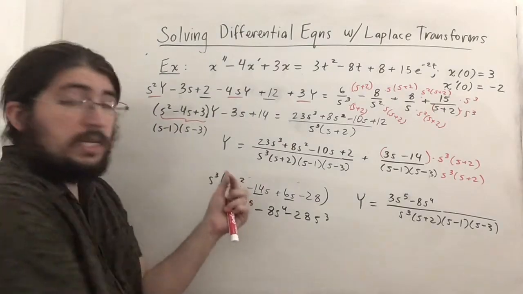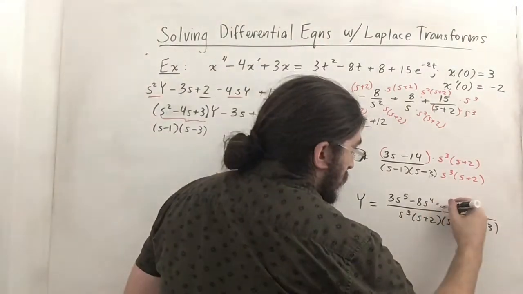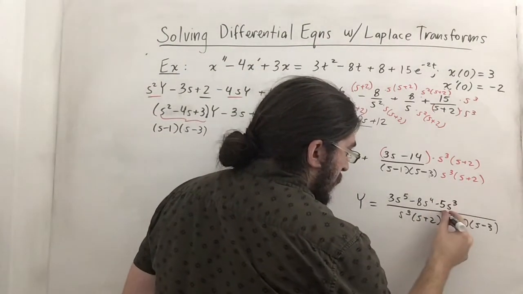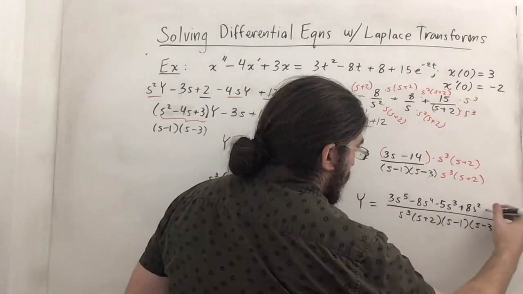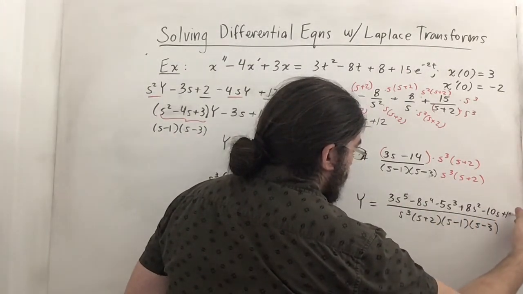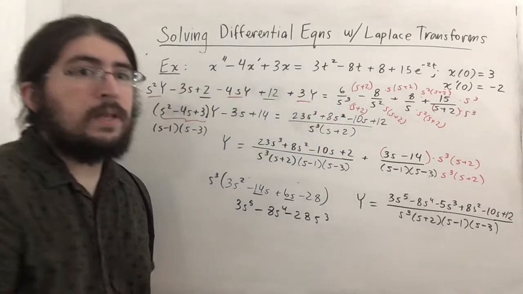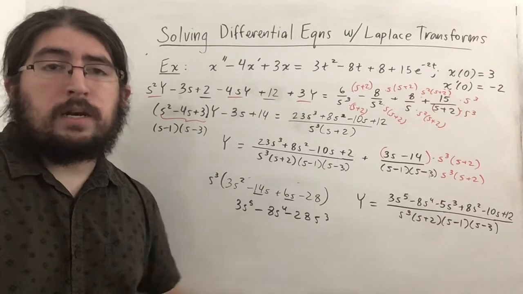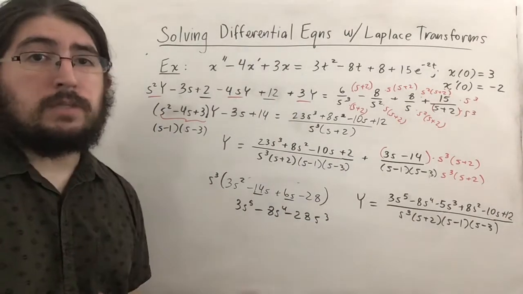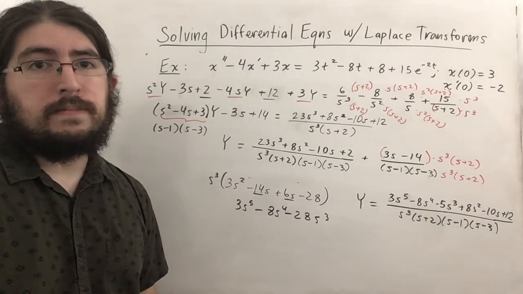The s cubes actually combine to negative 5s cubed. The s squared is the same, so it's plus 8s squared minus 10s plus 12 because everything else is the same, of course. Great. So now I'm going to erase all this, write this up on top, and now we're going to get into the partial fraction decomposing part of the problem.